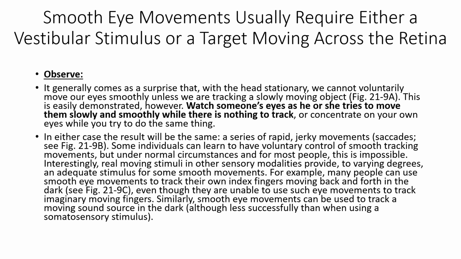Okay, but unable to use such eye movements to track imaginary moving fingers. Similarly, smooth eye movements can be used to track a moving sound source in the dark, although less successfully than when using a somatosensory stimulus. Kind of an interesting project that you can do here.